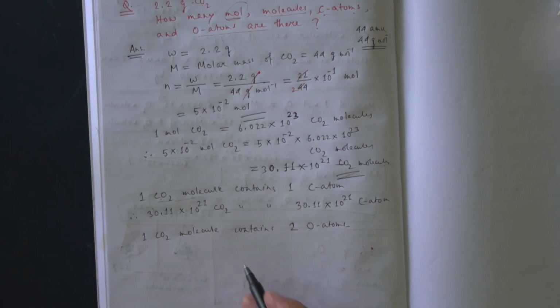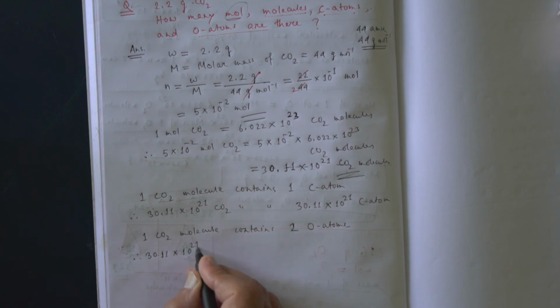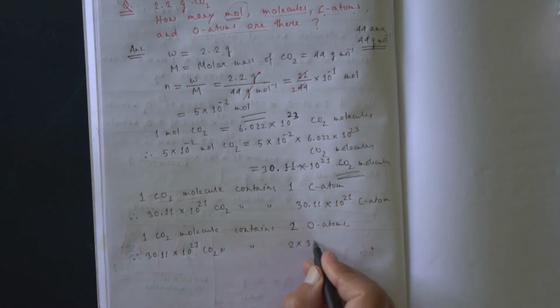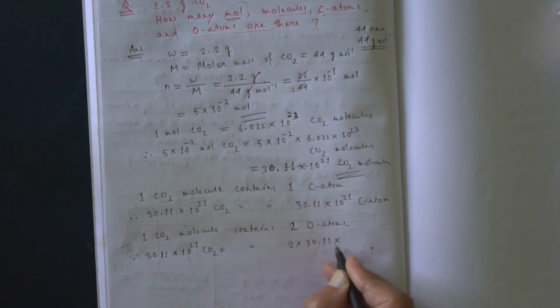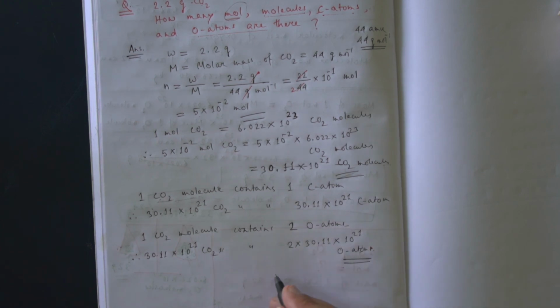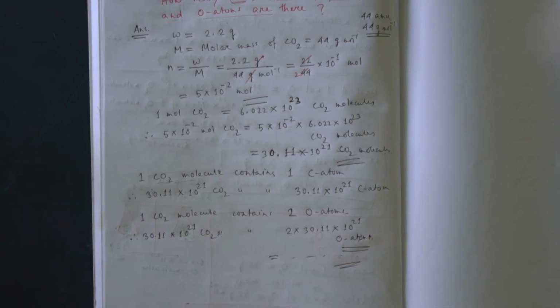So this much carbon dioxide molecules contain 2 into 30.11 into 10 to the power 21 oxygen atoms. Okay, just simplify and you will get the answer. So you have to do it like this.